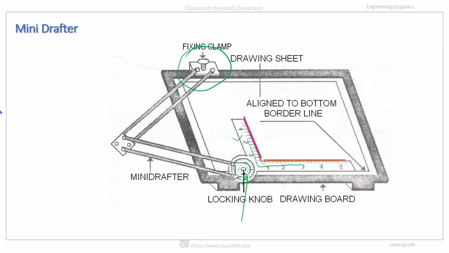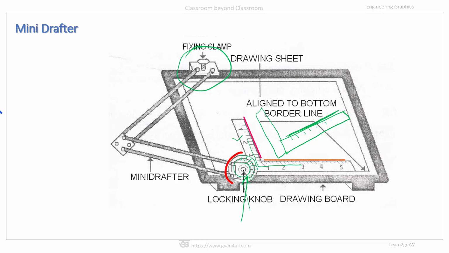Now, if we move this locking knob and rotate this L-shaped scale, say it is now at this angle with the drawing board. At this angle, if we draw a line like this, that means we can draw an inclined line, and that inclination can be read from these graduated knobs.